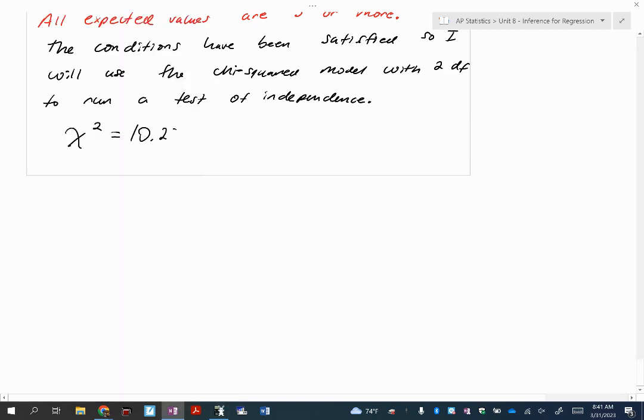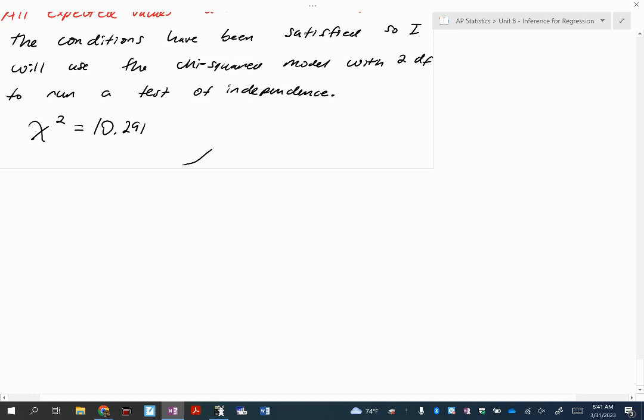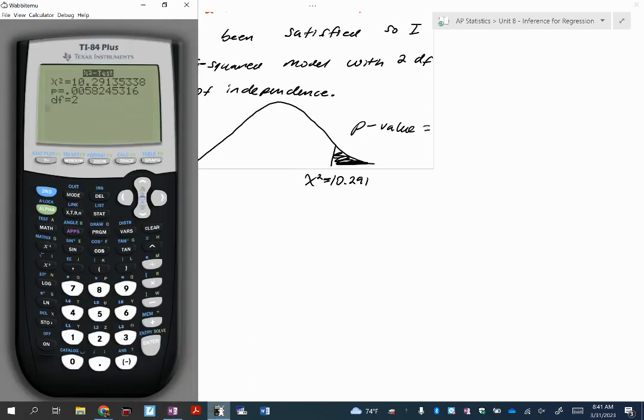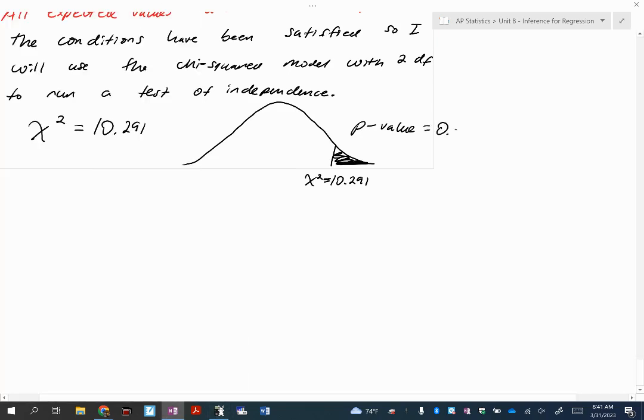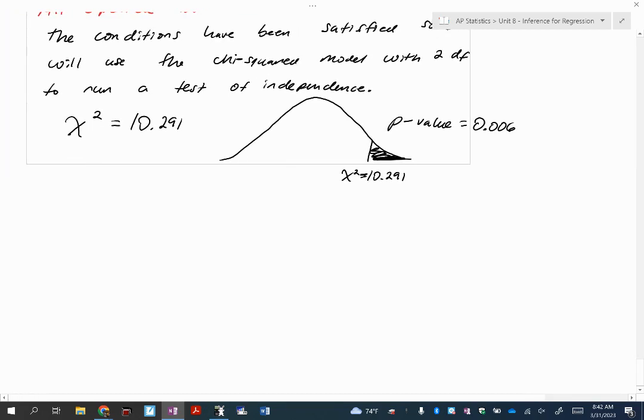All right, so if I draw the curve, skewed to the right, shading to the right, this p-value is 0.006. Now, whatever alpha you decide, I usually use 0.05.